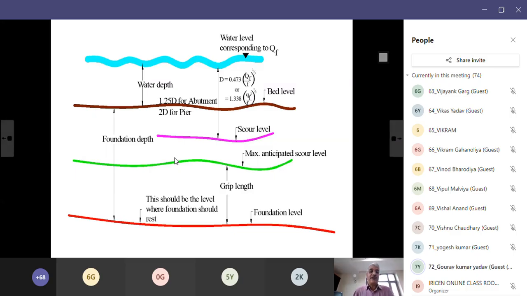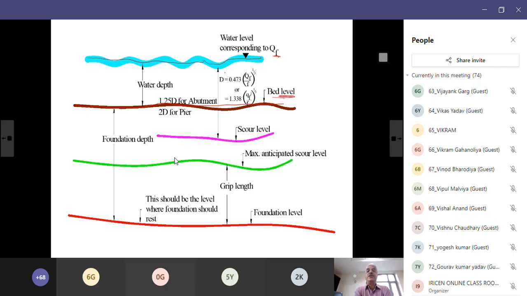Yes, sir. Now, whatever we have seen in scour, let us see this sketch, it will make it clear. This is your water level corresponding to QF, not Q discharge, because for scour depth calculation you use QF. Now, this is your river bed level.